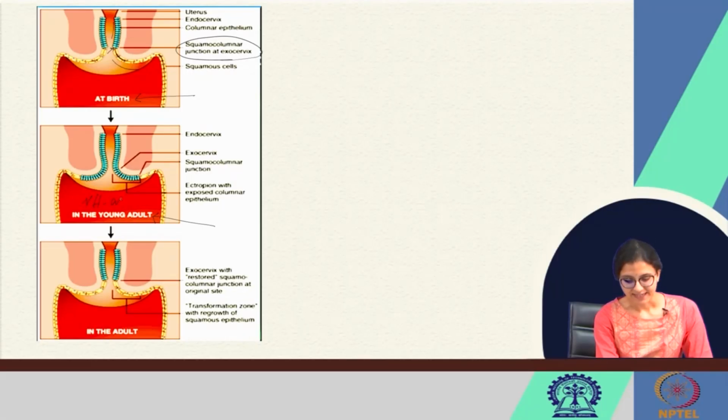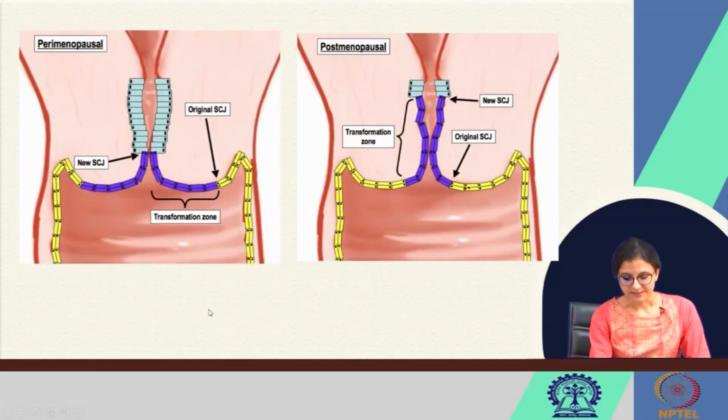The ectocervix gets everted, it is slightly everted, and so the columnar cells of the endocervix get exposed to the acidic vaginal pH and thereby undergo metaplasia. This was the original squamocolumnar junction, but the columnar cells here have undergone metaplasia and are now covered by squamous cells. So, this zone is known as the transformation zone. Here is the original squamocolumnar junction, this is the new squamocolumnar junction.